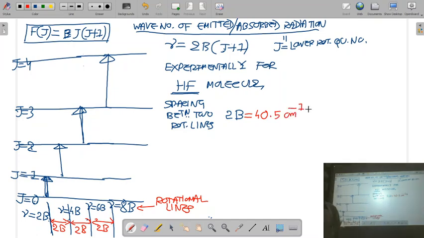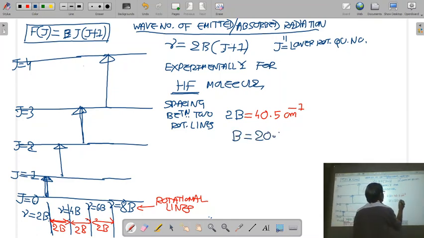Now, what is the use of calculating the spacing between two rotational lines of the HF molecule? If you know the spacing between two rotational lines of the HF molecule, then you can find the rotational constant B. So the value of B comes out to be 20.25 centimeter inverse.